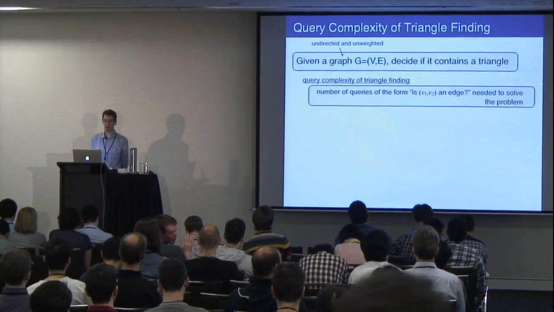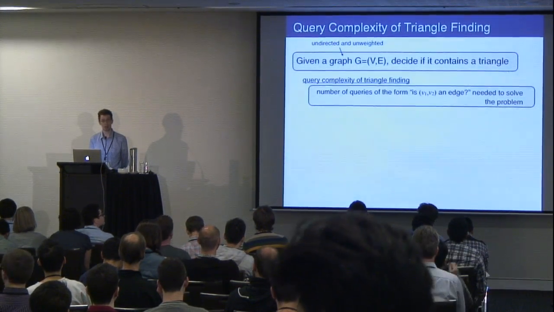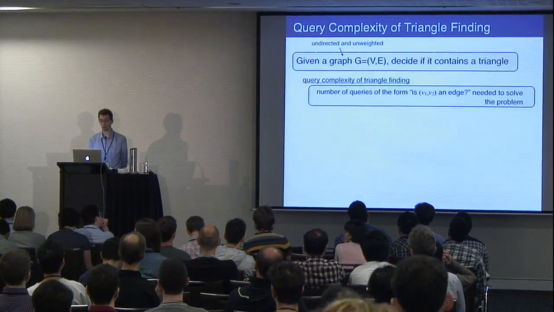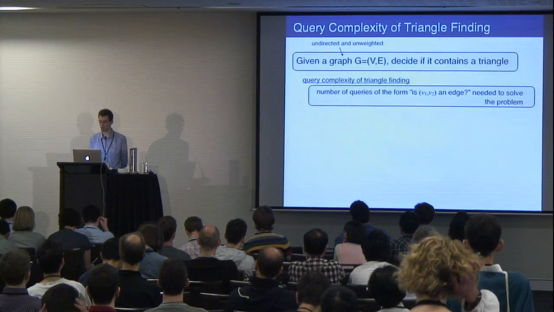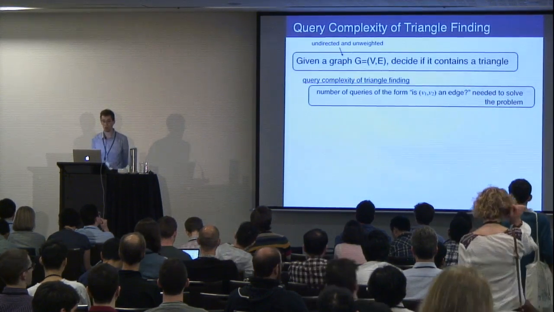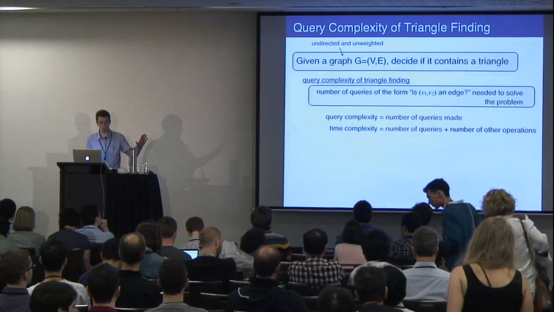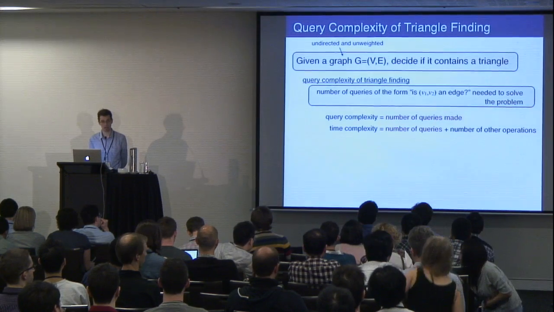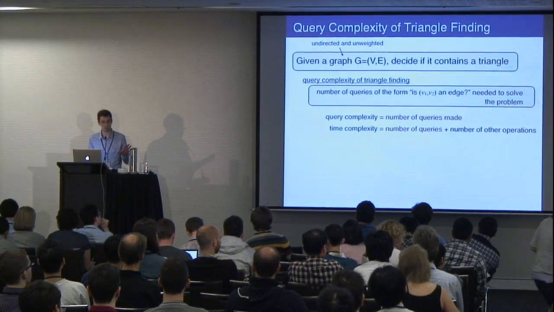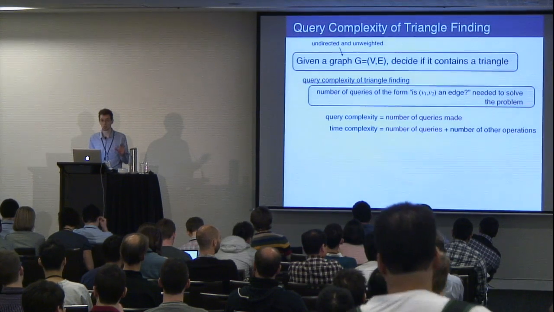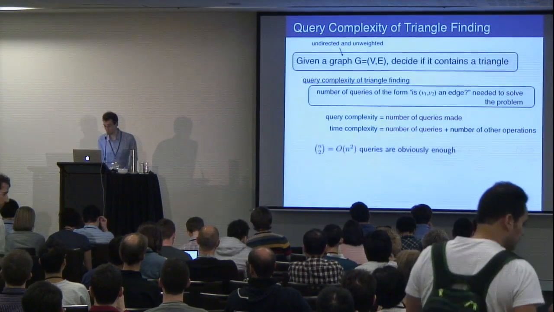But in this talk, we are not really interested in the time complexity, but in the query complexity. That means we want to understand the number of queries of the form "is {v1, v2} in H?" needed to solve the problem. The difference is that query complexity counts only the number of queries made, in this case the number of queries to the adjacency matrix of the graph, while the time complexity counts the total number of operations.